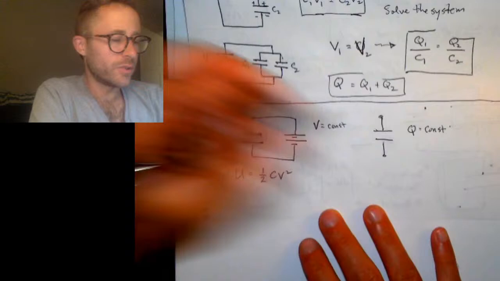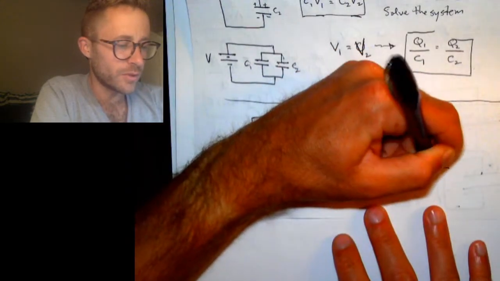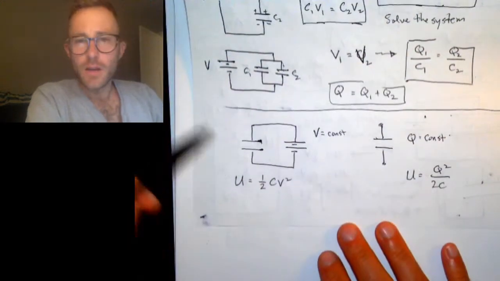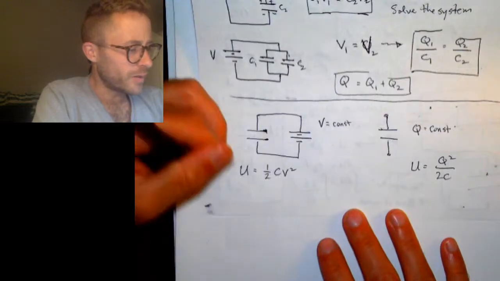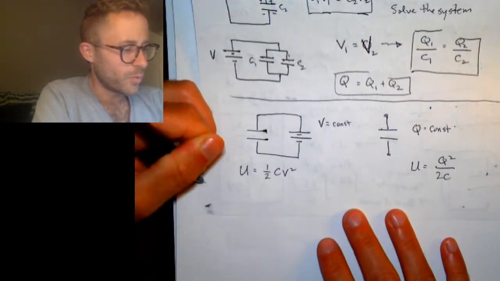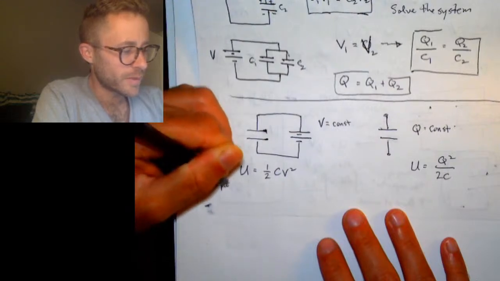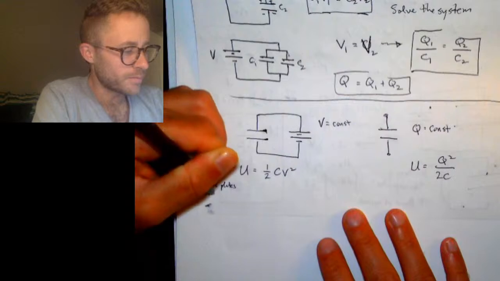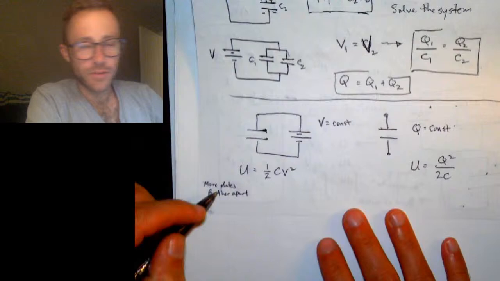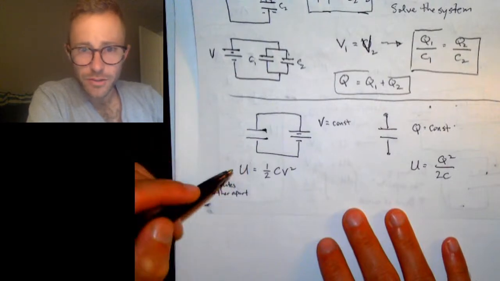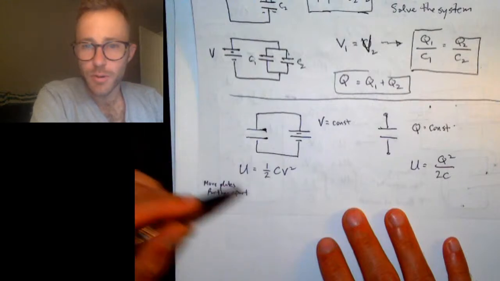And then for this version, I'm going to use U equals Q squared over 2C. Now, in each example, I'm going to say, so what if you move the plates further apart? What would happen to the energy stored in the capacitor if you move the plates further apart?